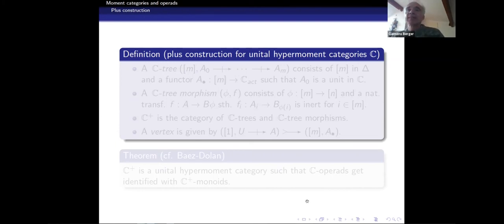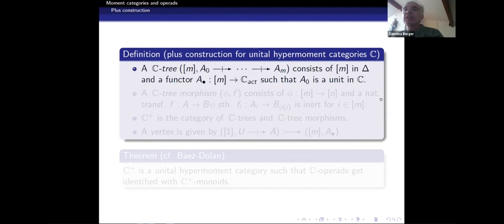So this is what I call a C tree. You have a unital hypermoment category C. A C tree is just given by a chain of active morphisms of length m, and the only condition is that all arrows are active and the first object is a unit of C.